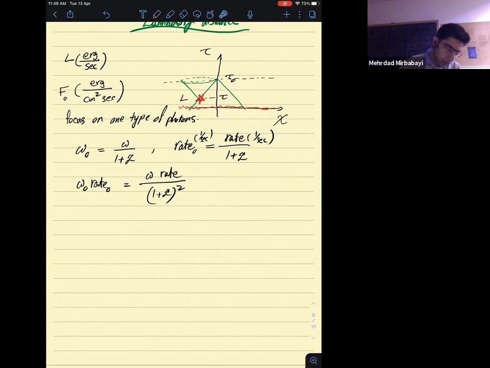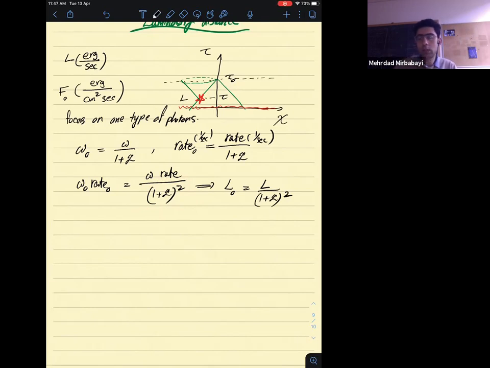And we see that there is this overall factor, so it doesn't depend on the frequency. So what does it mean? It means that the total luminosity at time 0 is the original luminosity divided by 1 plus z squared.